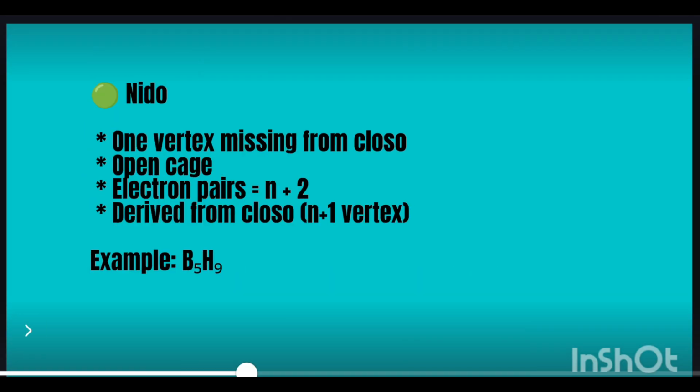And what is Nido? Nido means nest. It is derived from a closed structure by removing one vertex, so it is slightly open. Example B5H9, and electron pairs is equal to n plus 2.